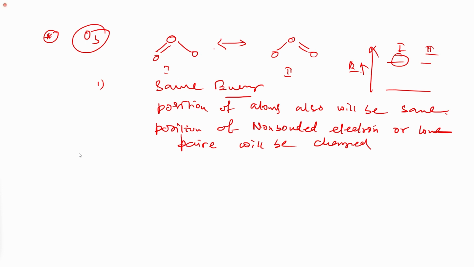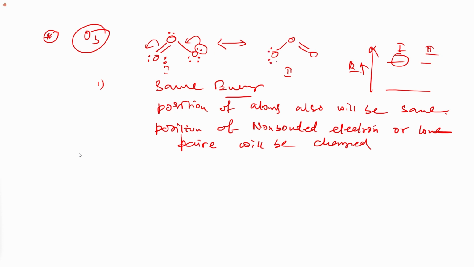How? There are three lone pairs on one oxygen, one lone pair on another, and two lone pairs on the other. To draw the other canonical form, you have to move this lone pair like that, so now this lone pair is here.